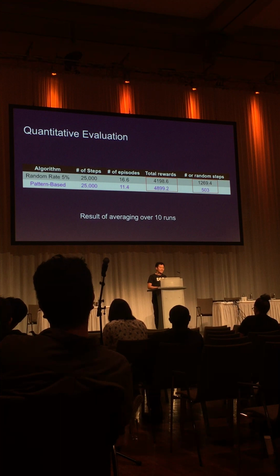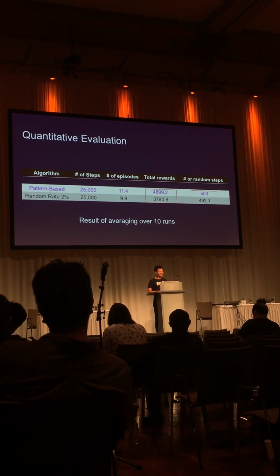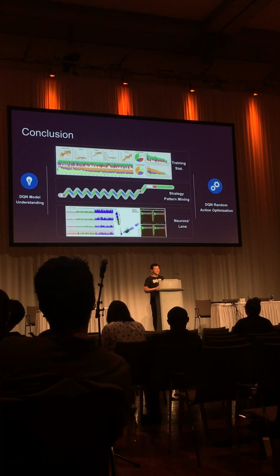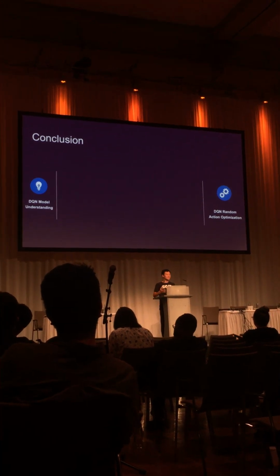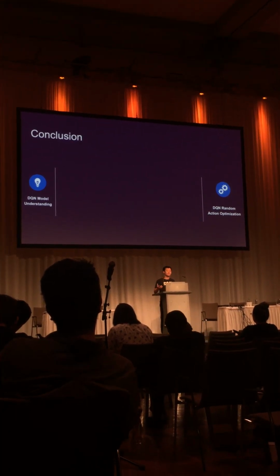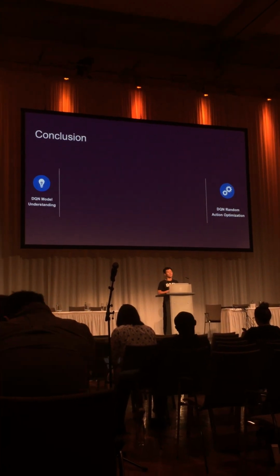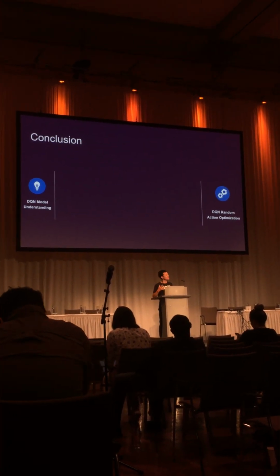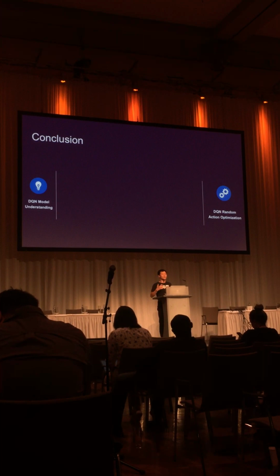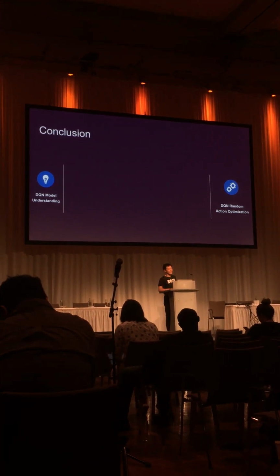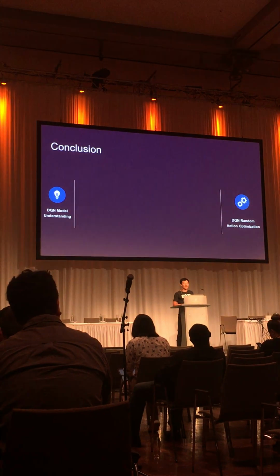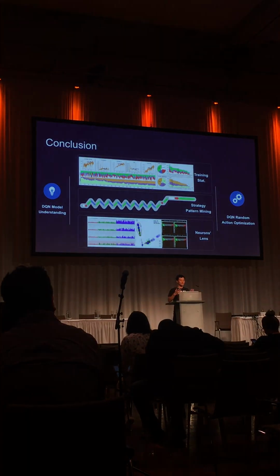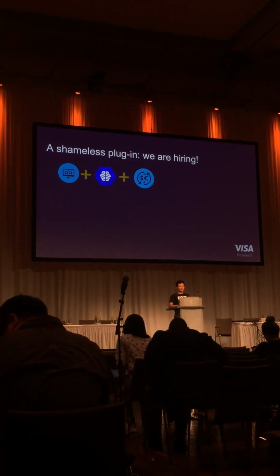With that, I'm going to conclude this talk. Basically we propose a tool which we call DQNViz, to help us understand the DQN model, and we also improve the model a little bit by optimizing the random action, with different kinds of features.